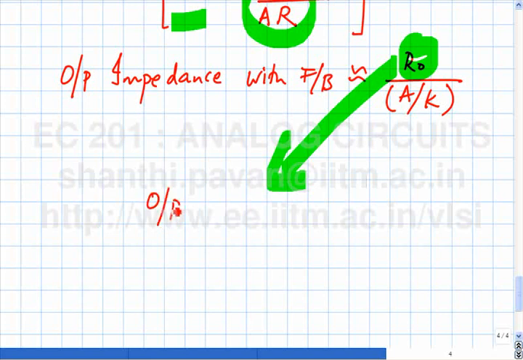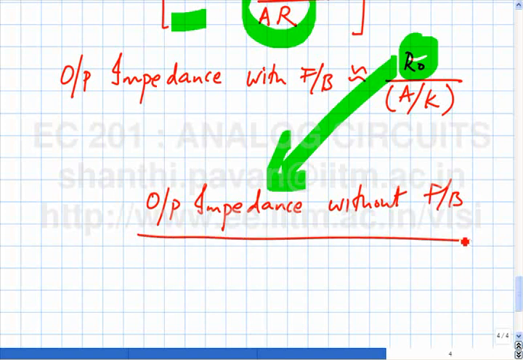The output impedance of the amplifier without feedback. And what is A by K? It's the loop gain.